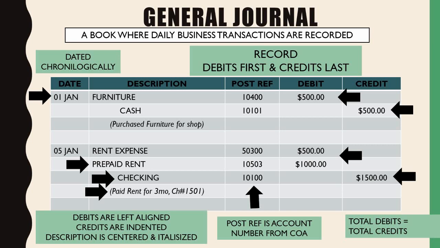Now, can you use abbreviations for the journal? Yes, you can. That is an exception to the rule, but obviously, if you're not the only one looking at your books, then you should generally use full words. But if you're the only one looking at this book yourself, then yes, you can do whatever you'd like. If you want to use abbreviations, go for it.